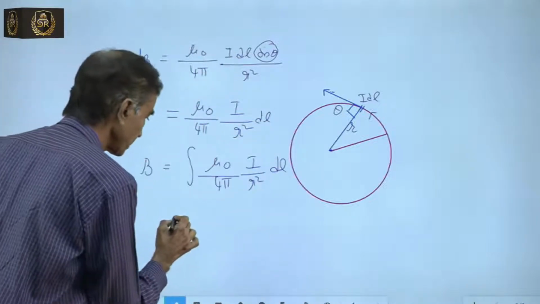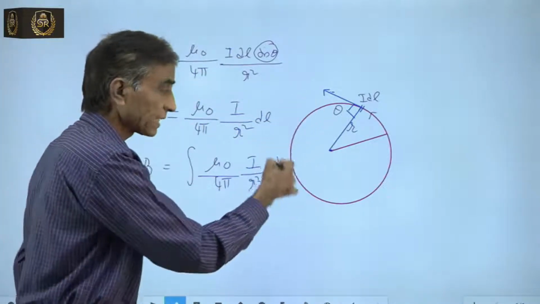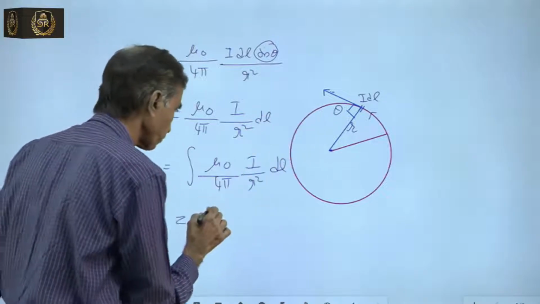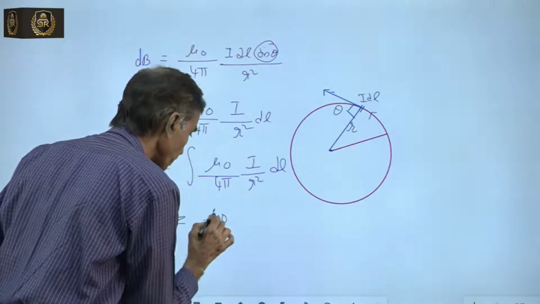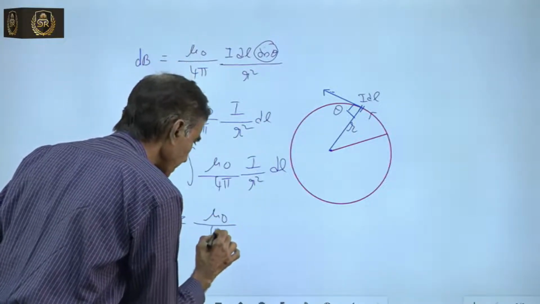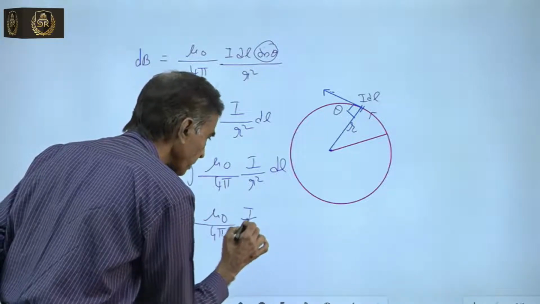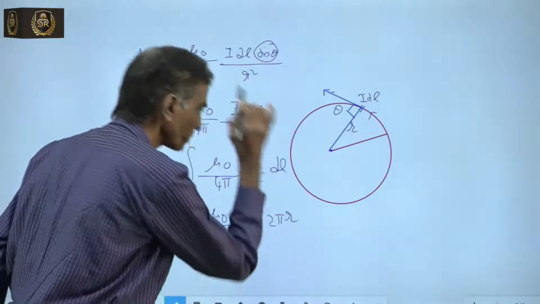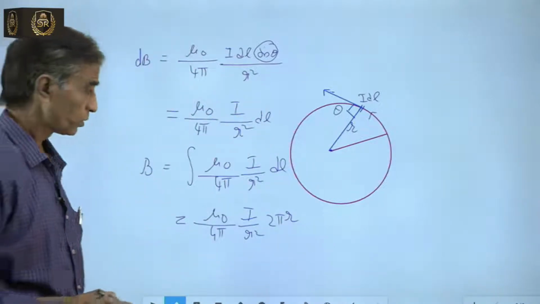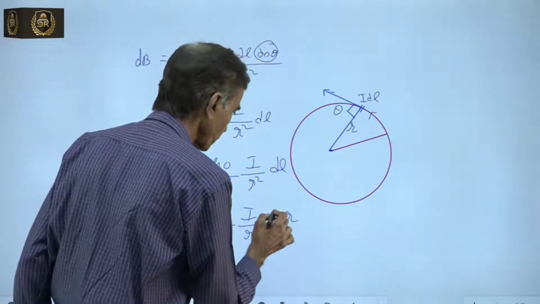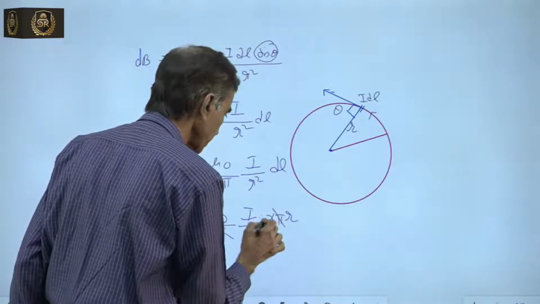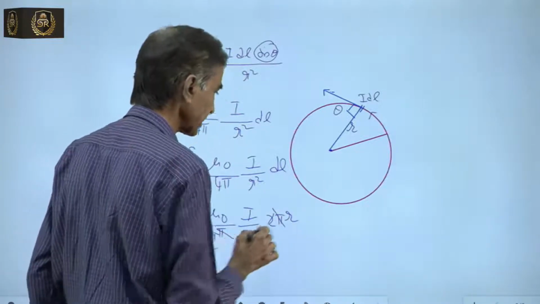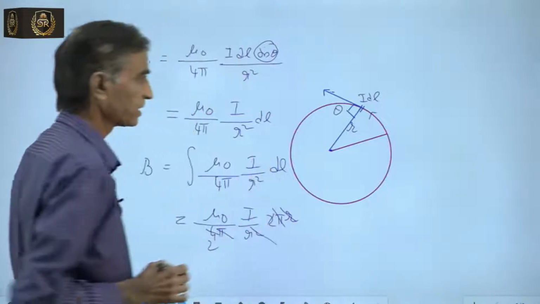Integral of dl is the circumference, that is 2 pi r. Therefore mu naught by 4 pi into I by r square into 2 pi r. Pi cancels, 2 gets cancelled, r square cancels.